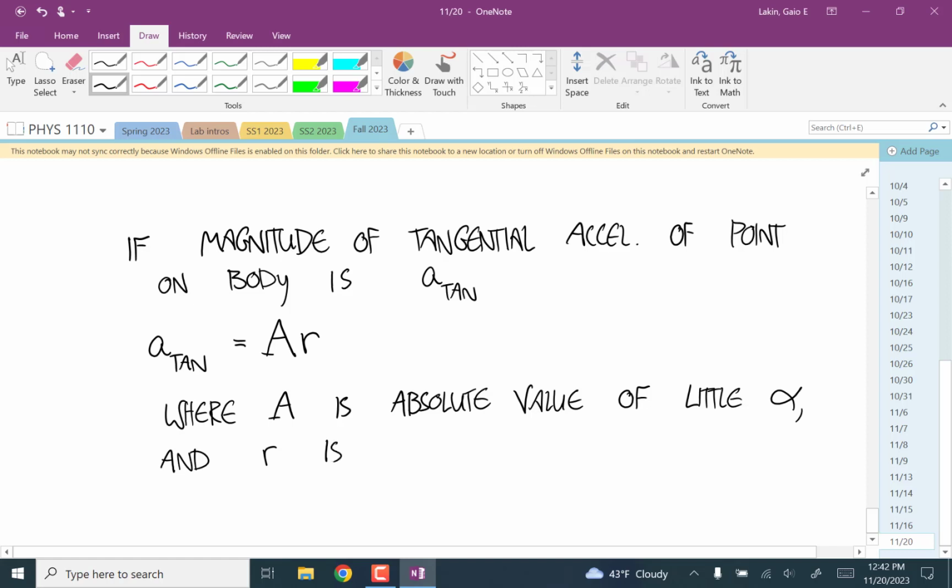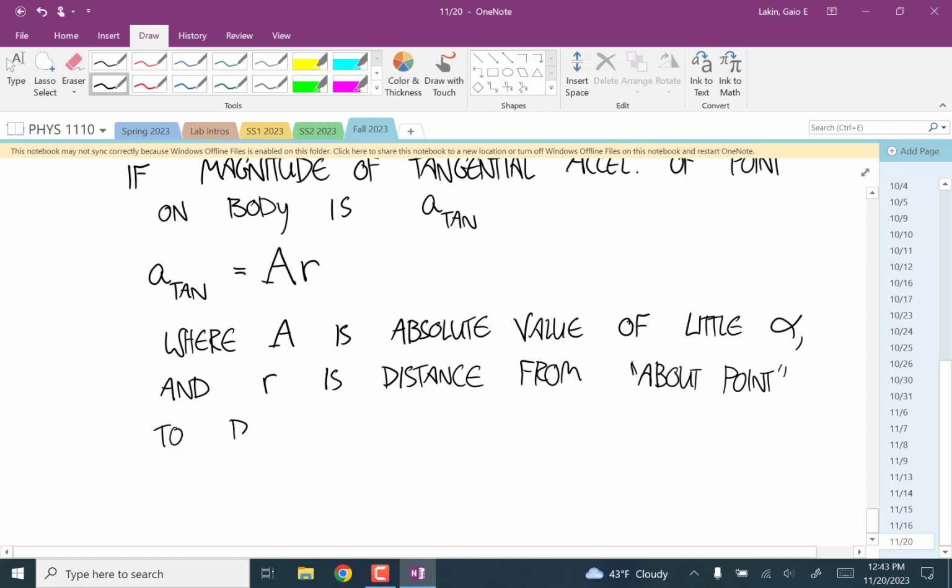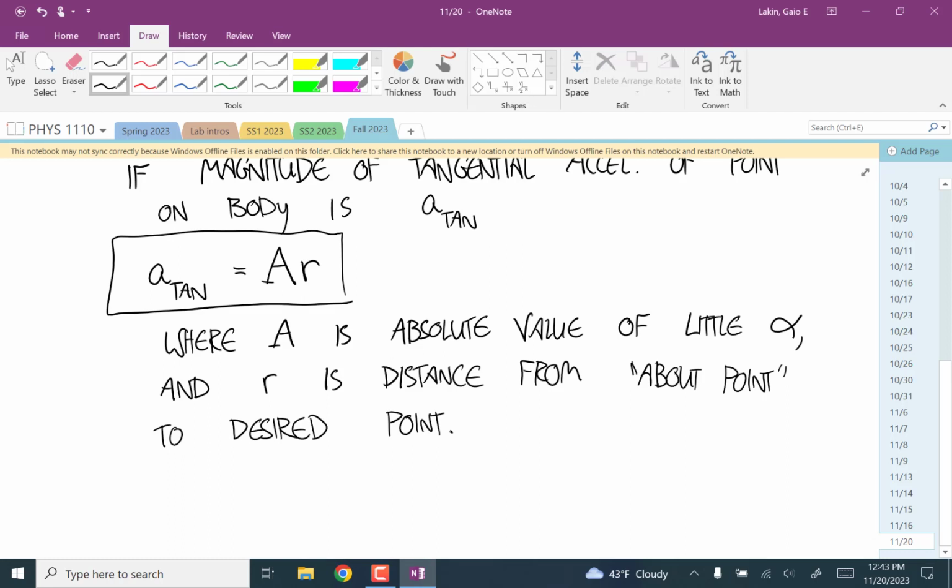R is the distance from the about point to the desired point. Any questions about that one?